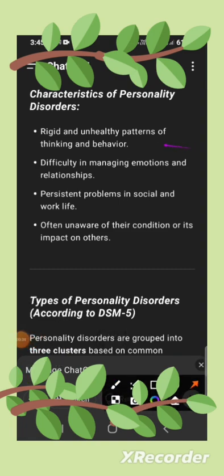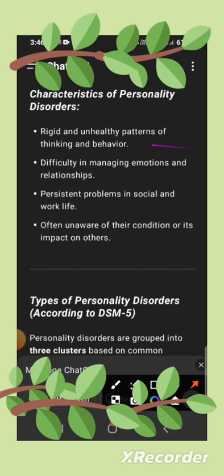Inflexible behavior patterns that remain consistent across different situations, difficulty in relationships due to extreme emotional responses or lack of empathy, distorted self-image and perceptions of others, impulsivity, unstable emotions, or rigid thinking, often unaware of how their behavior affects themselves and others.